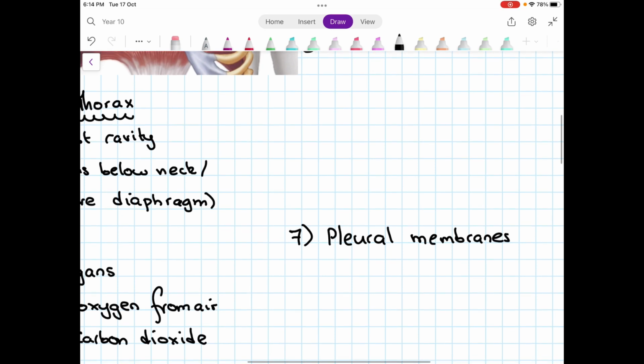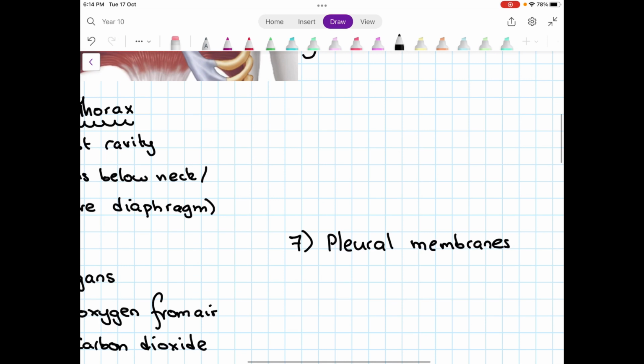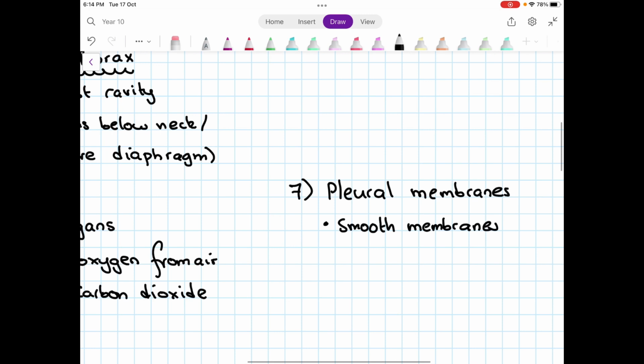There are also pleural membranes inside the thorax. And these are smooth membranes which cover the lungs, and they're on the inside of the thorax. And they help secrete pleural fluid.